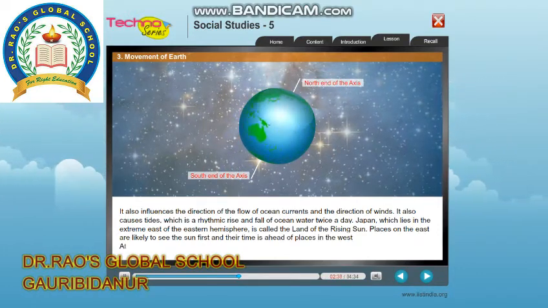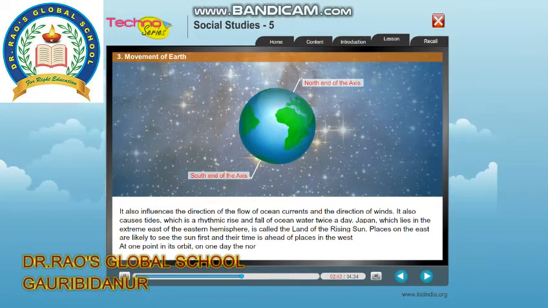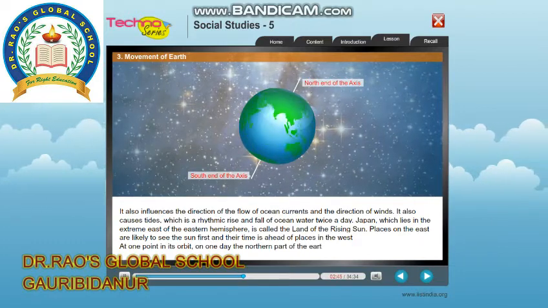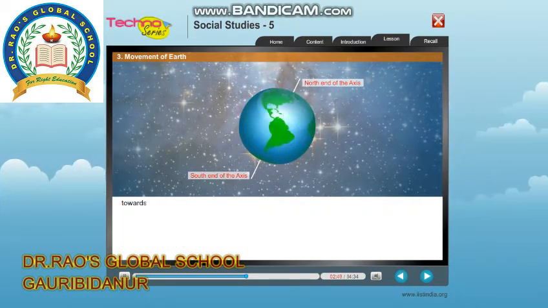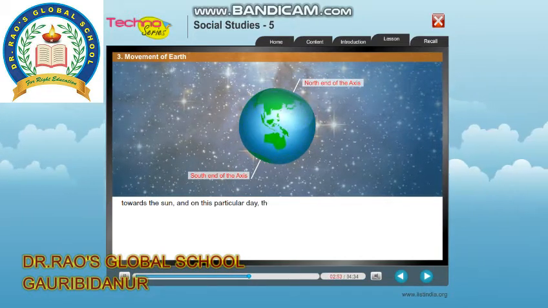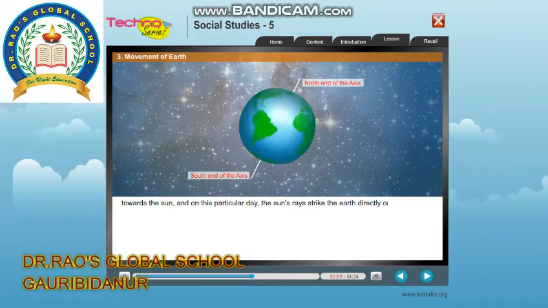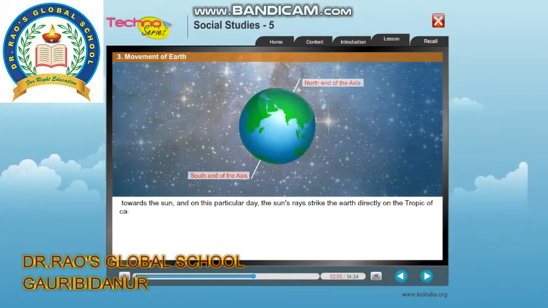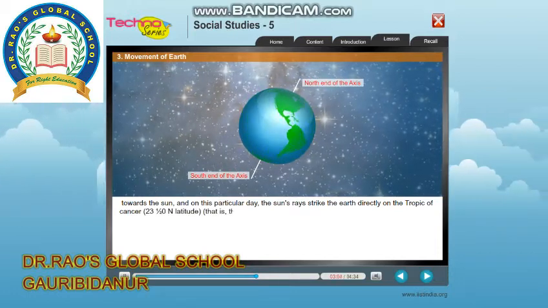At one point in its orbit, on one day, the northern part of the Earth has its maximum inclination towards the sun, and on this particular day, the sun's rays strike the Earth directly on the Tropic of Cancer, 23.5 degree north latitude.